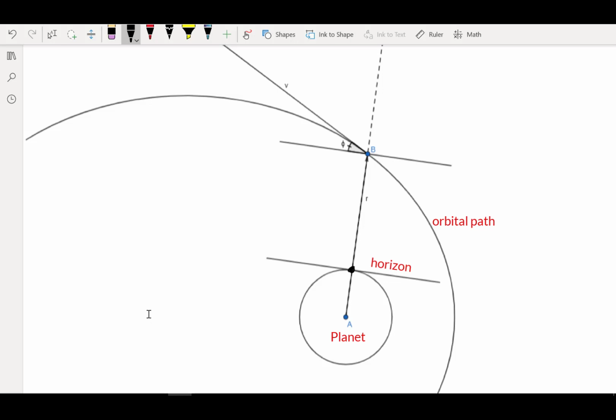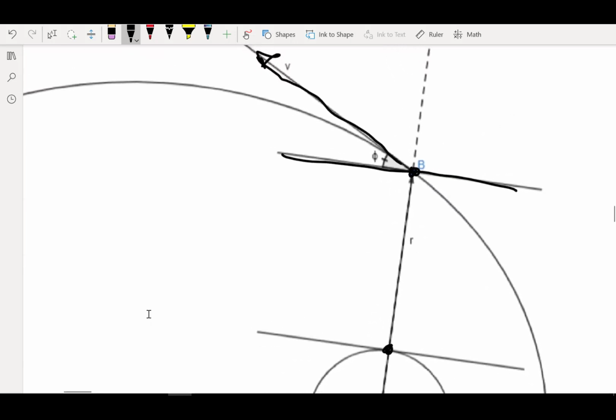You'd be at this point B, and this is where the rocket is currently, and this is a vector that indicates the velocity. This line parallel to the horizon is the local horizon. And the angle between the velocity and the horizon, that's the flight path angle. That's the angle that I'm calling phi.